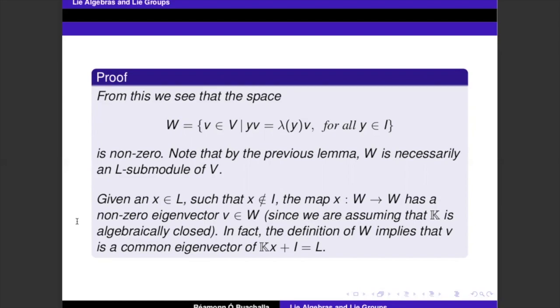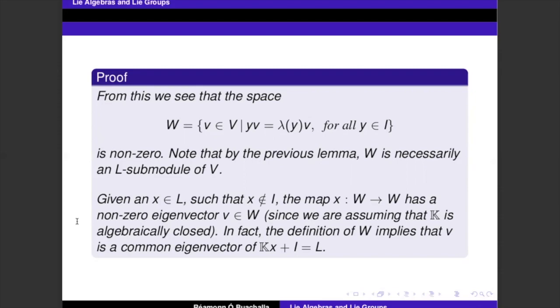This has a non-zero eigenvector. And why is that? It's because we're assuming that K is algebraically closed. So in the previous lemma, we used the assumption that the field had characteristic 0. Now we're using algebraically closed.